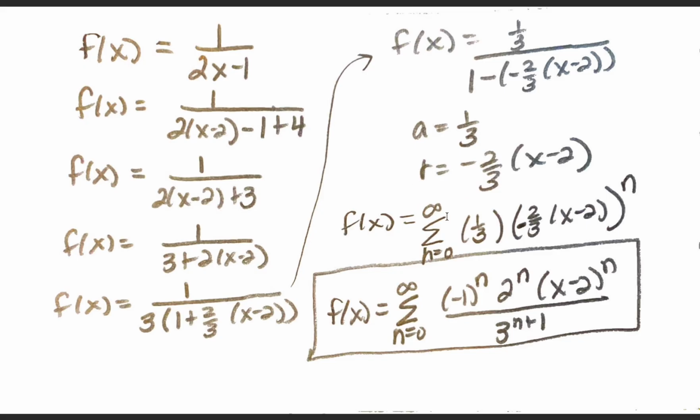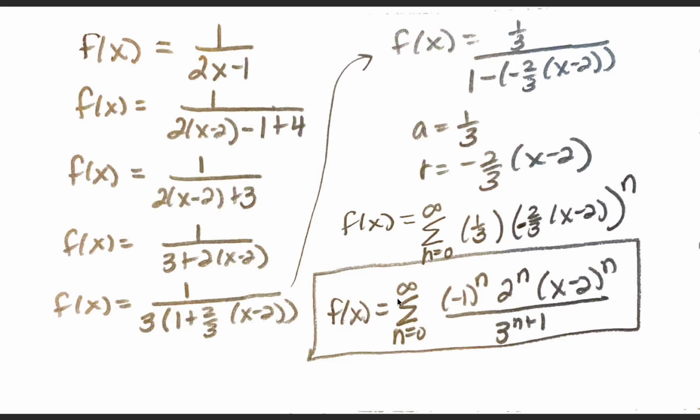We can plug that into the form of the power series, which is the summation notation of n equal to 0 going to infinity, a times r to the nth power. And r in here is an ugly expression, but it's okay. As long as we write it in this format, we're fine. And then we can do some more simplification.